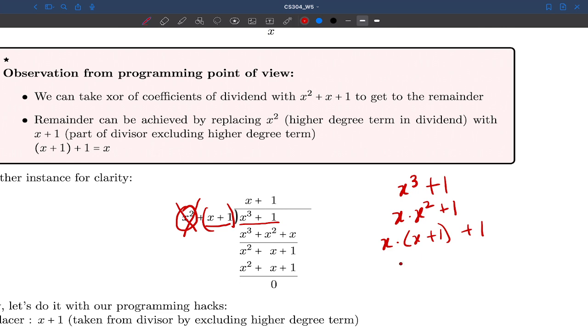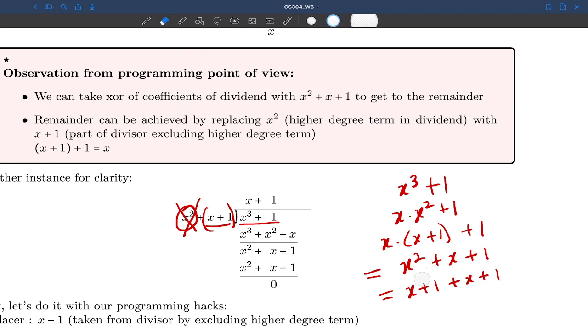What will we get? x square plus x plus 1. Again I am seeing x square here. Again I can replace that x square with my x plus 1. So let's replace it again. So I get x plus 1 plus x plus 1.